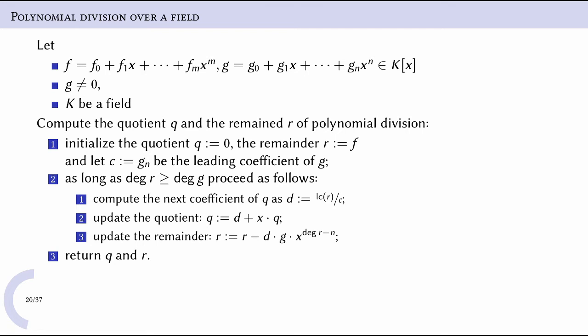So let me do one short example. Take for example a polynomial f to be something like 2x cubed minus 4x plus 3, and let's say that g is 3x plus 5.